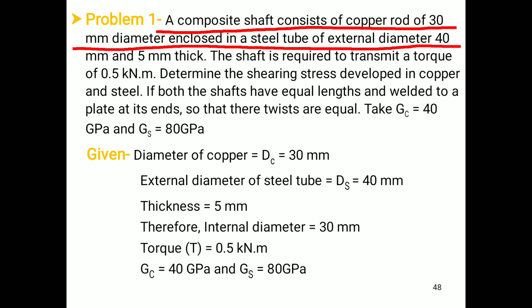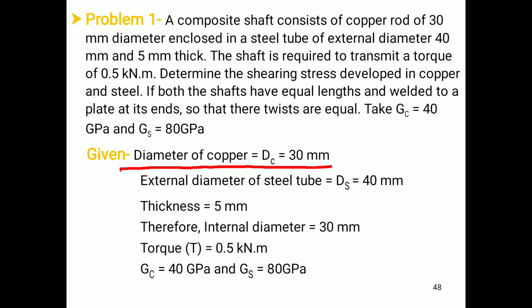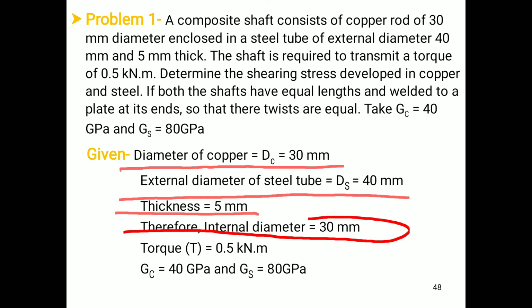So the given data as per the statement is: the diameter of the copper is 30 mm, the external diameter of the steel tube is 40 mm, and the thickness is 5 mm, therefore the internal diameter of the steel tube will be 30 mm, because 40 minus 10 is 30 mm, since the thickness is 5 mm.